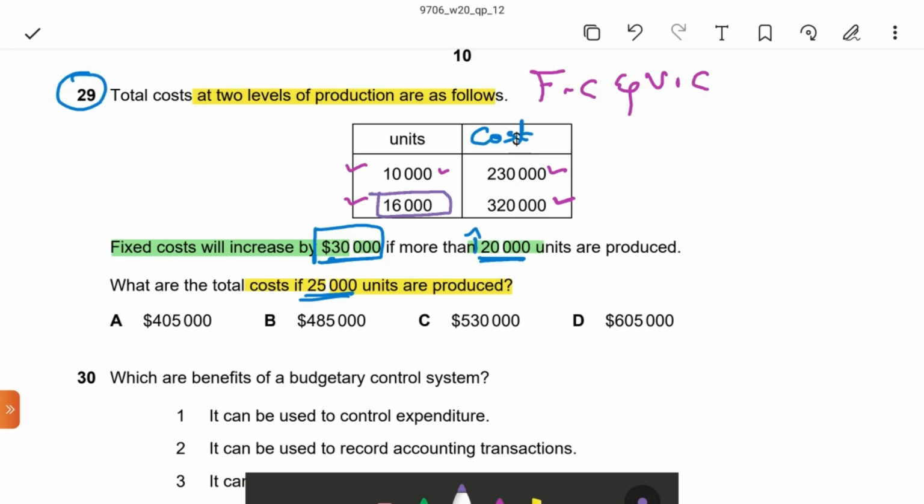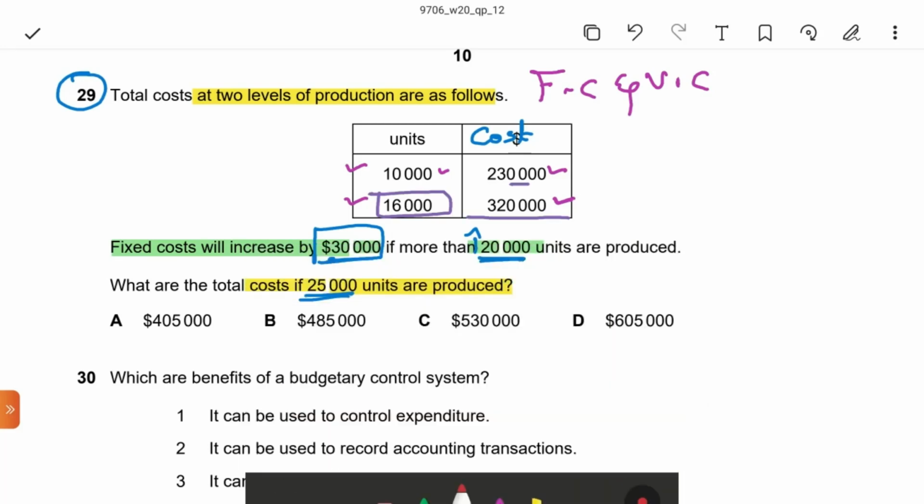We can first calculate the variable cost per unit. How much extra did we spend to produce 6,000 extra?